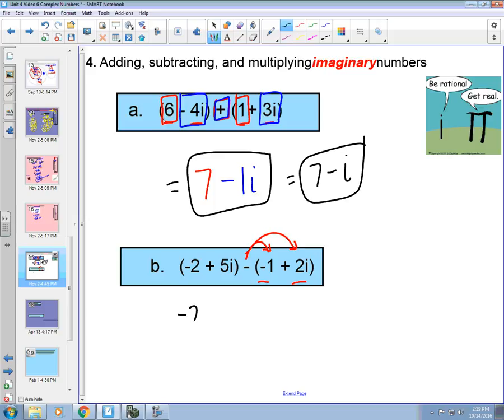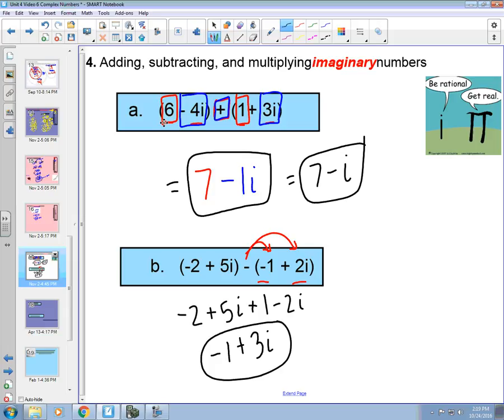So really what we end up with here is minus a negative, that's going to turn into +1. And then minus 2i at the end. Now if we combine the real and imaginary parts, we'd get -1 for the real part. 5 minus 2i is going to be 3i for the imaginary part. That would be the answer to this one.